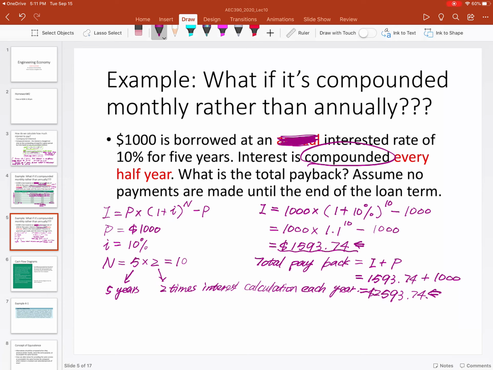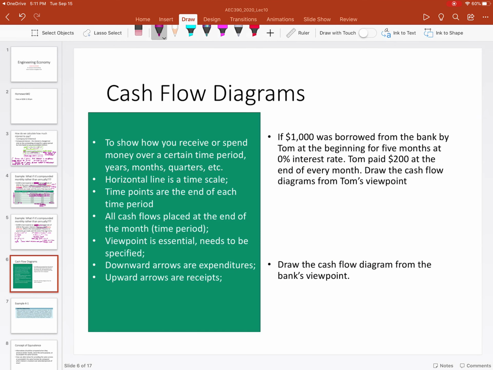So I hope by now you can understand why the number of periods, the interest periods, is a little bit tricky, and how you determine the correct value of it. That's very important.